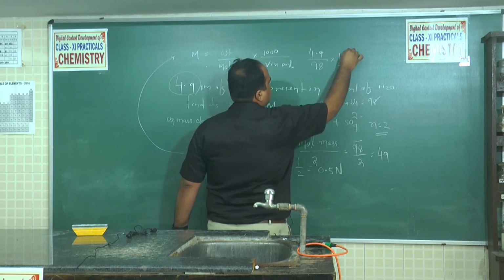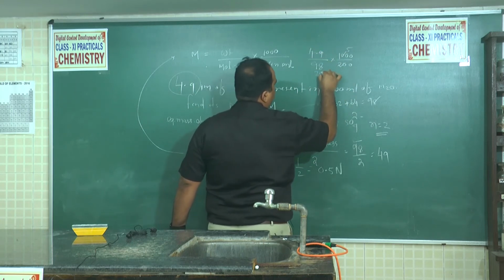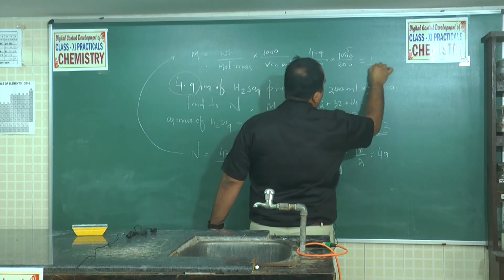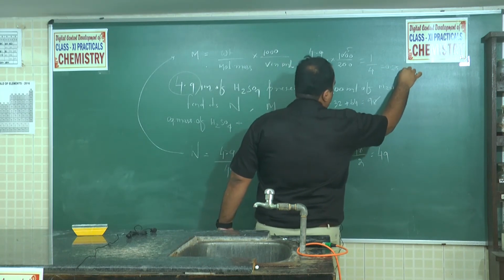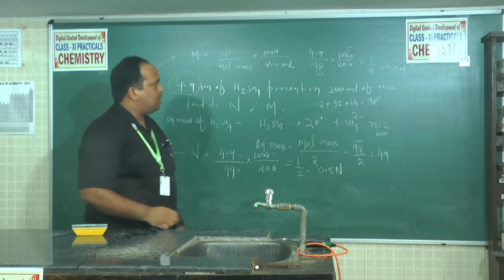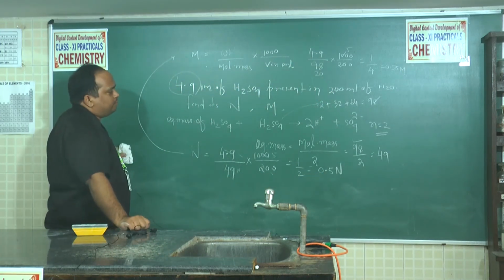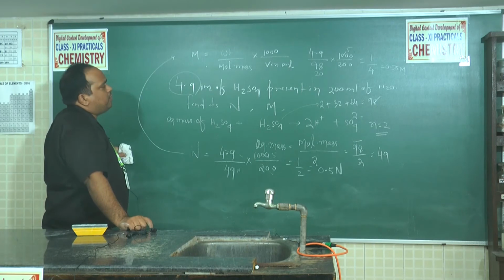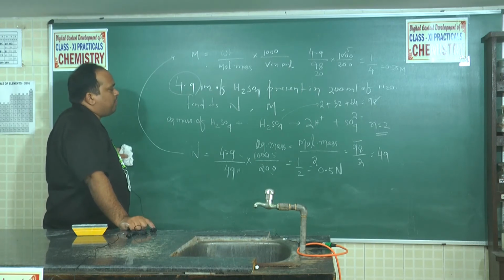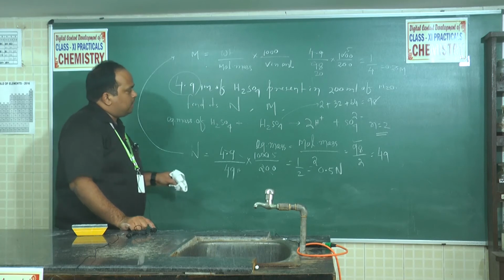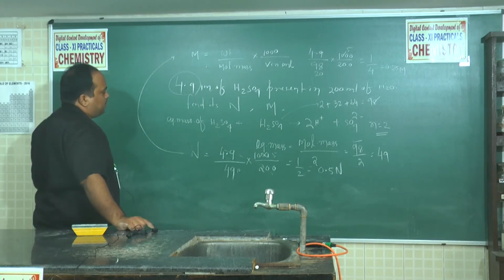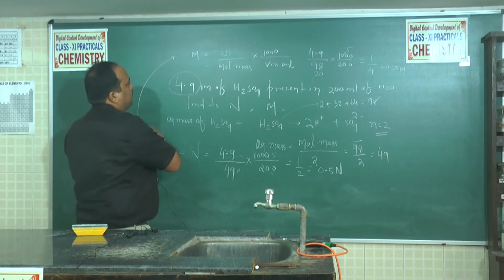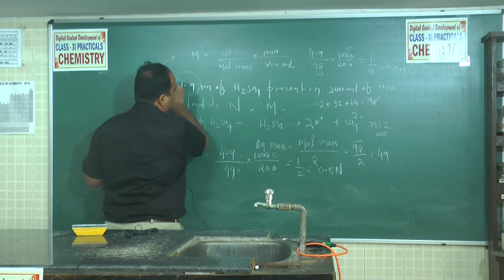So this is 5, this is 20, that is 1 by 4, that is 0.25 M. This is how we calculate the molarity and normality of a given solution.